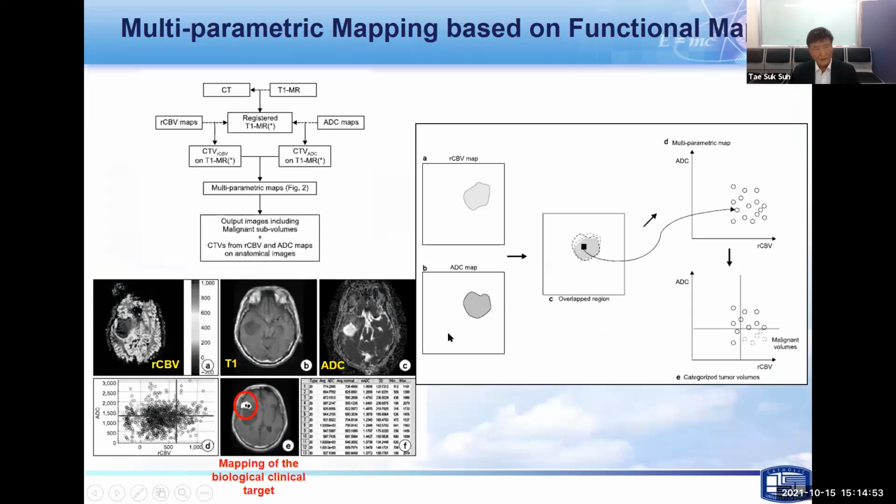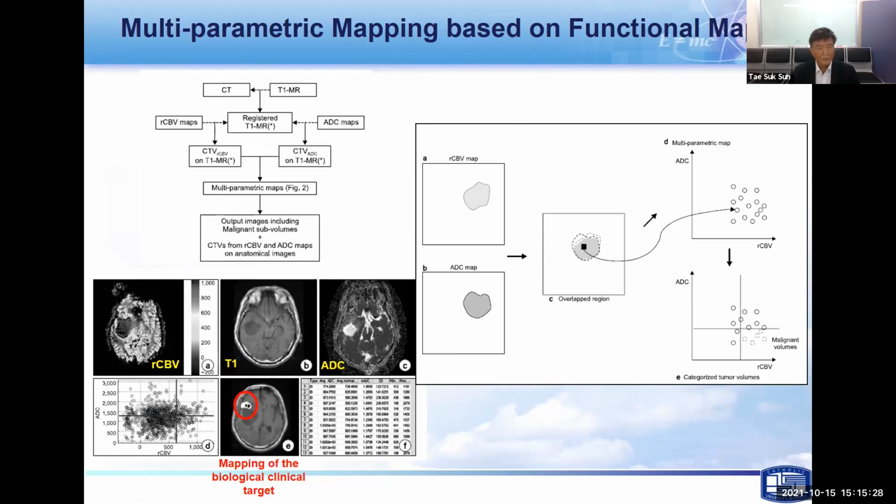And this shows a multi-parametric mapping based on functional imagery. Generally, in MR imaging, high-grade glioma indicates a high blood flow rate in the rCBV, regional cerebral blood volume map, and low diffusion coefficients in the ADC, apparent diffusion coefficient map.